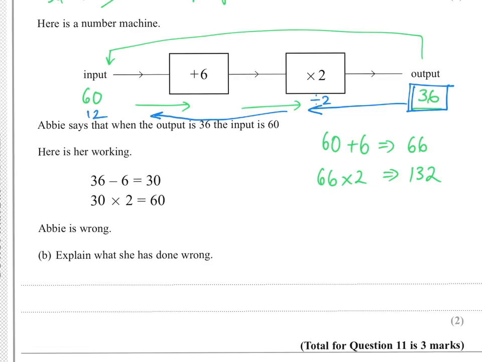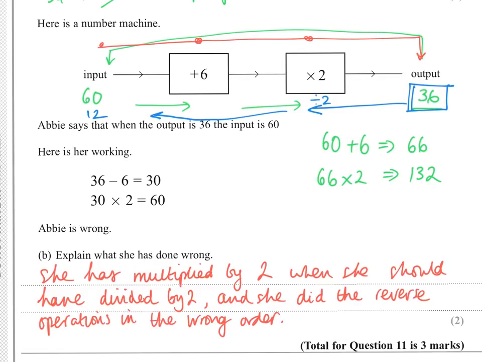And if we went forward from here, we'd go 12 plus 6 is 18, times 2 would indeed end us up on 36. So I'll put the writing in there afterwards and then you can see for yourself. So she has multiplied by 2 when she should have divided by 2, and she did the reverse operations in the wrong order.